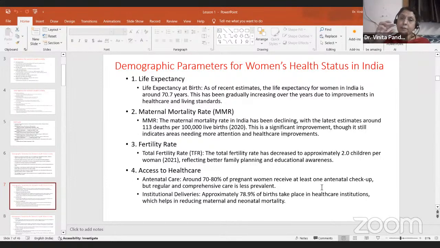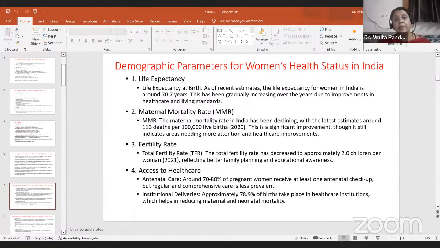So now we will try to understand certain important concepts, demographic parameters. One important parameter is life expectancy. As of recent estimates, the life expectancy of women in India is around 70.7 years, which of course has improved because of developments in medical technology.